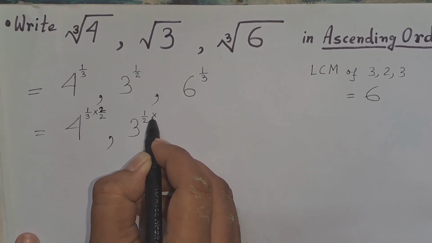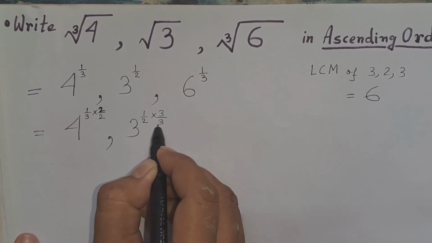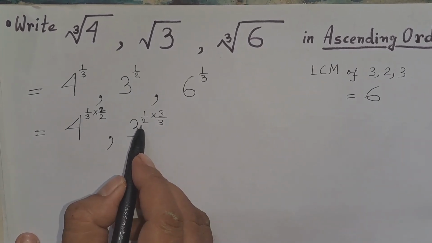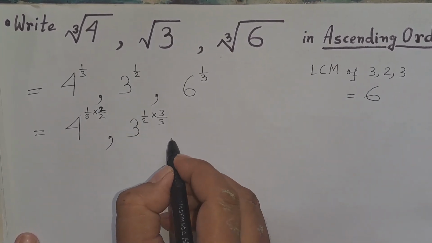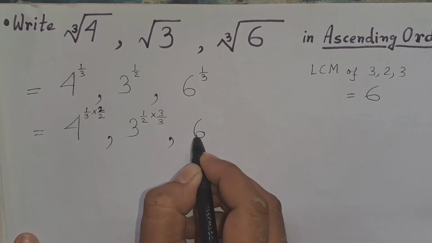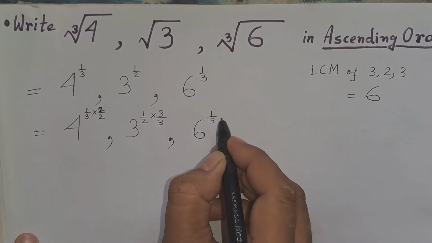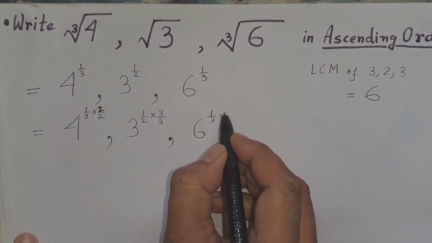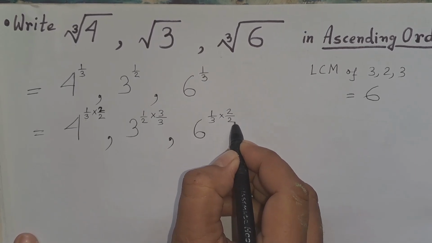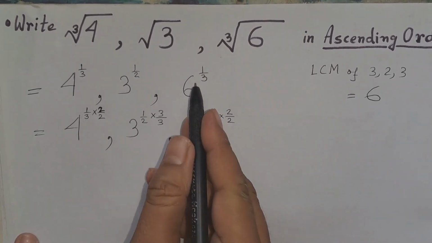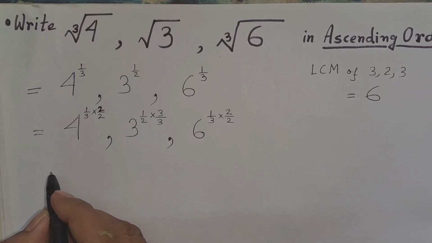So 4 to the power 1 by 3 into 2 by 2. 1 by 2 will be multiplied by 3 by 3, so that the denominator becomes 6. And again 6 to the power 1 by 3, to make the denominator 6, we will have to multiply with 2 by 2.